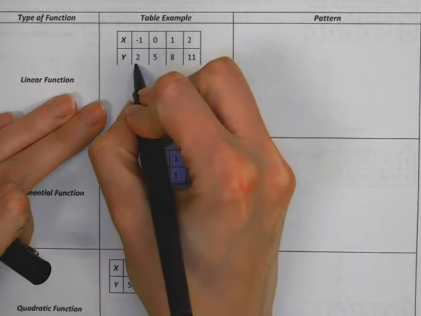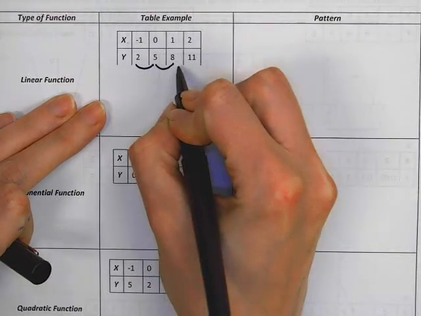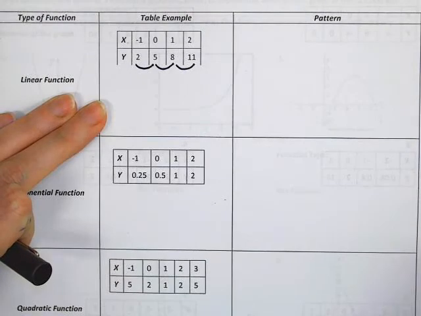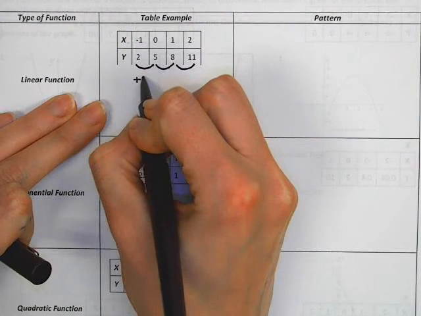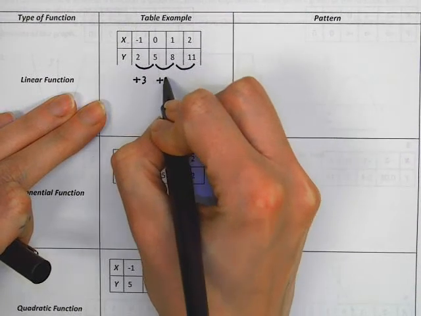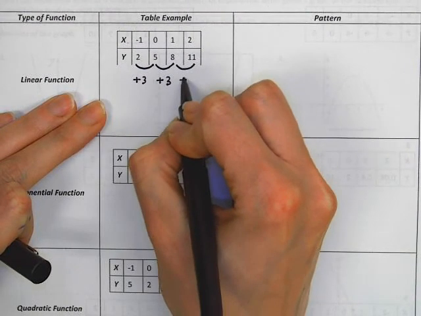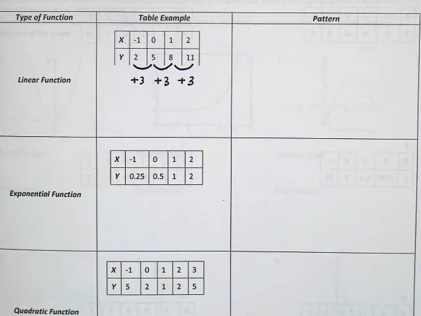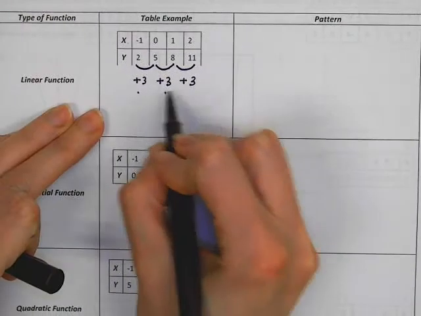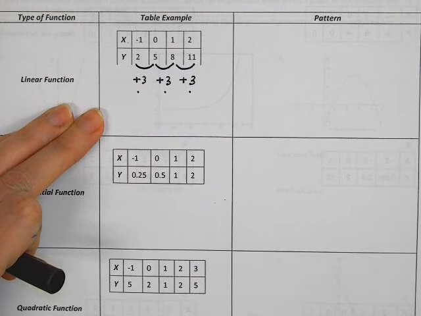Did you guys remember we just checked to see how do you get from one y to the next? So from 2 to 5, we're adding 3. From 5 to 8, we're adding 3. From 8 to 11, we're adding 3. So when there is a constant change by addition or subtraction in the y's, it's a linear function.